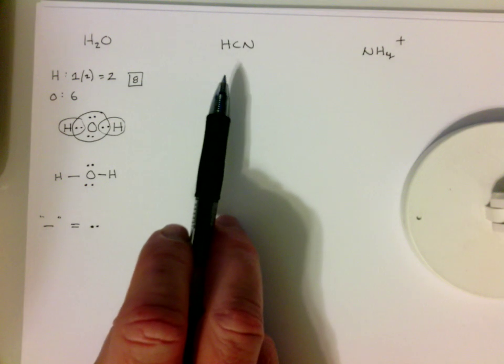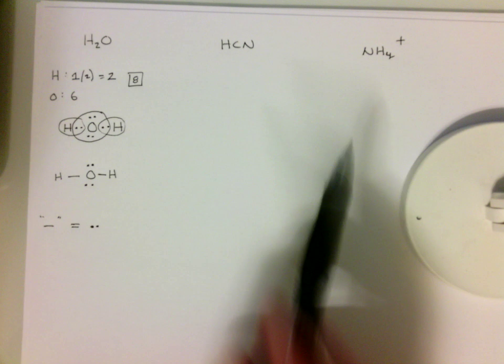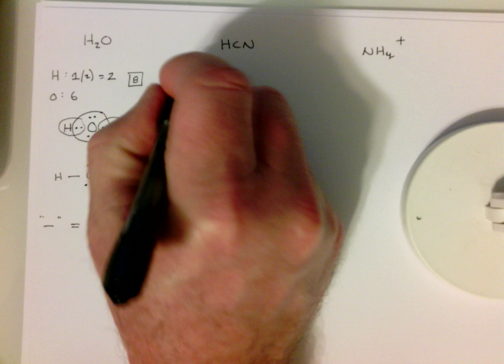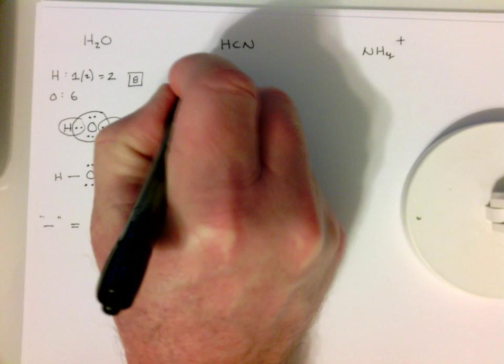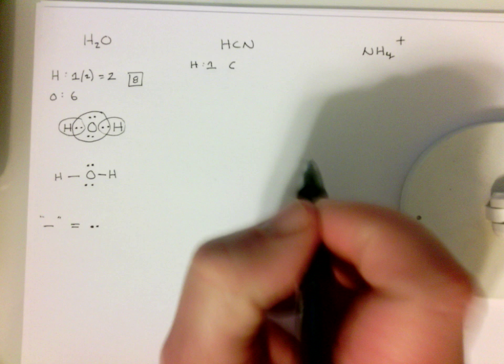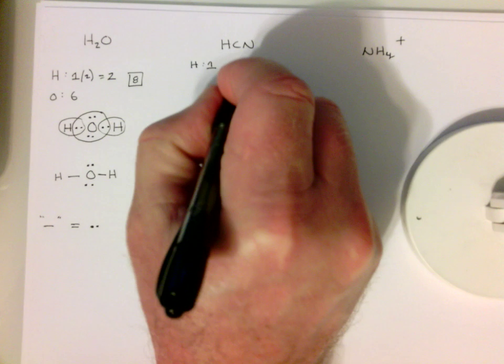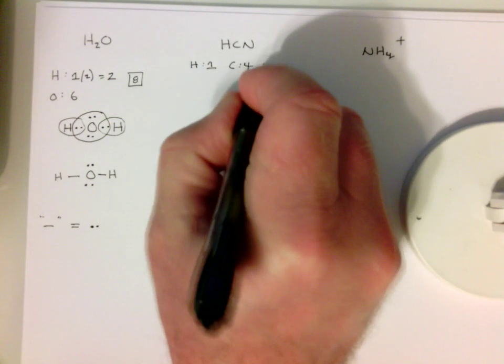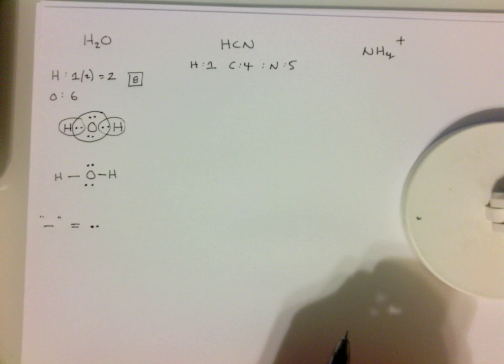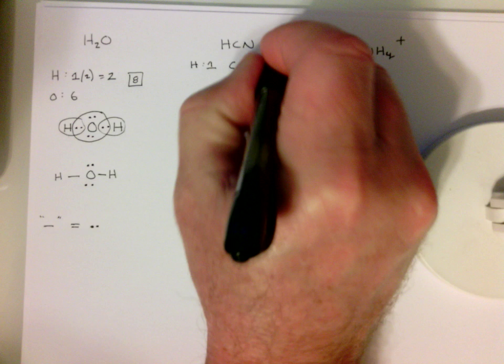The next one we're going to look at is HCN. First thing again, we're going to find the valence electrons available. Hydrogen has 1 available. Carbon has 4 available valence electrons, and nitrogen has 5, bringing our total valence electrons available to 10.